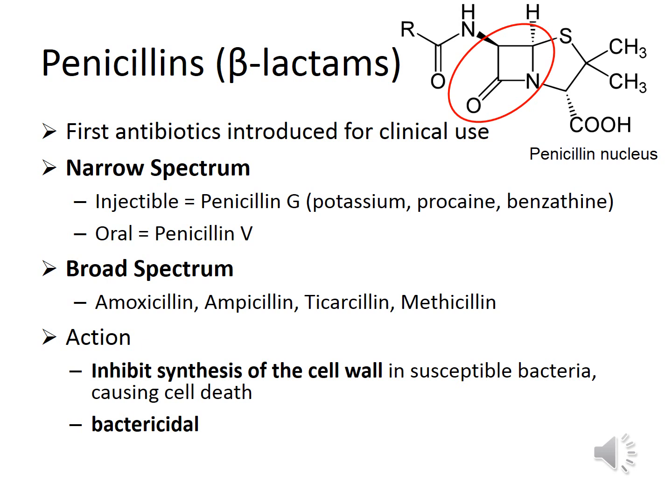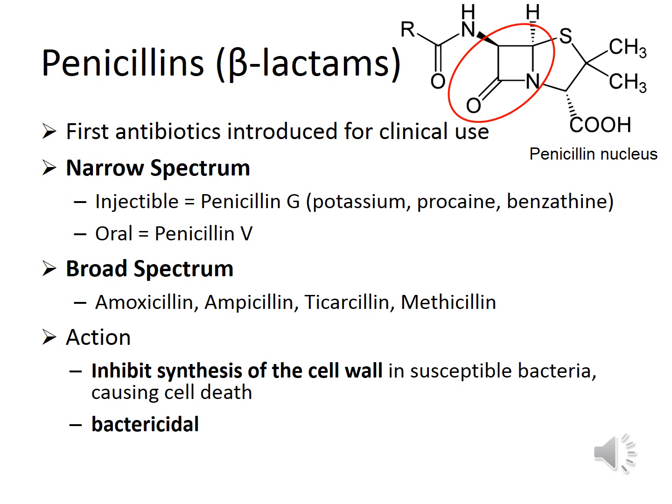So if you look at this one, it looks like a square box essentially with 3 carbons and a nitrogen, and one of those carbons is a carbonyl group. Because there's 2 carbon atoms in addition to the carbonyl group, it's called a beta-lactam. Beta is the second letter in the Greek alphabet, so the chemists call that a beta-lactam. So that's where the name came from.